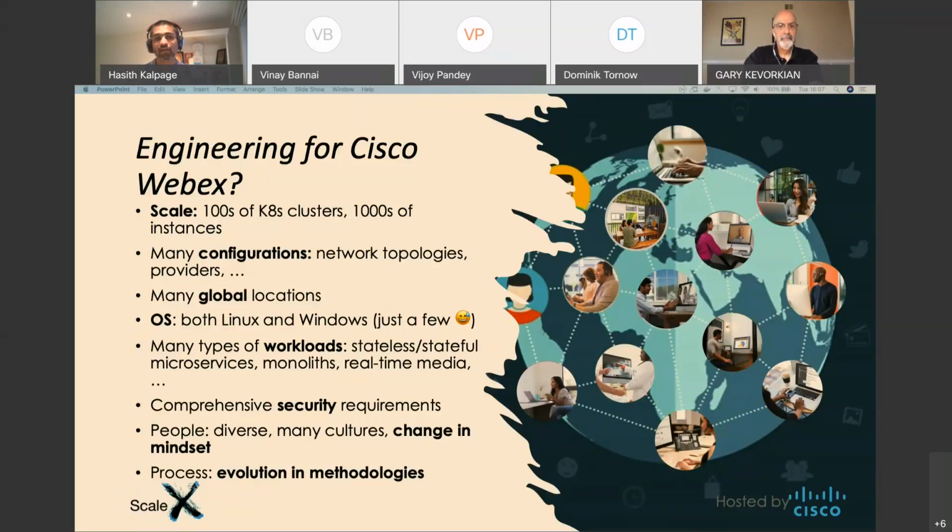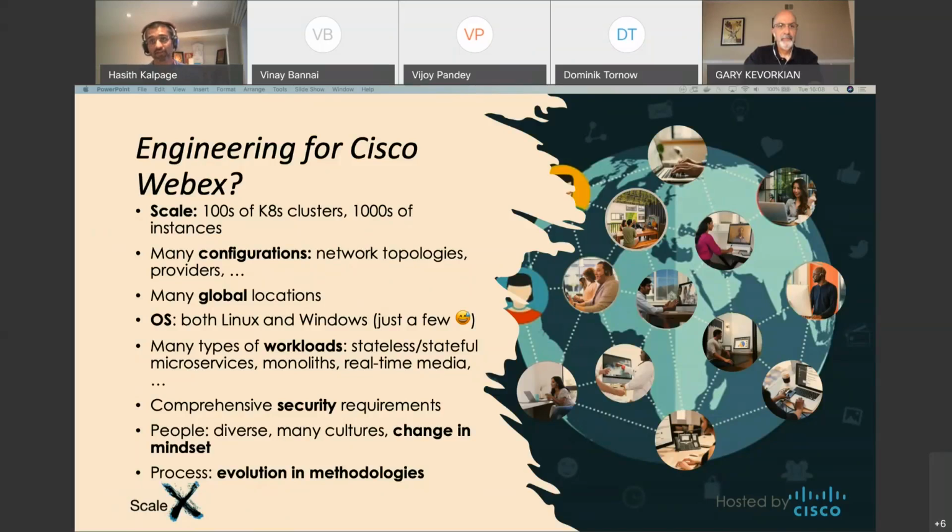Then it also comes down to people and processes. In terms of people, engineering is spread across the globe with lots of different cultures, particularly when you are looking at adopting DevOps and moving on to cloud native technologies. It does require a change in mindset. How do you effectively drive that change in mindset?